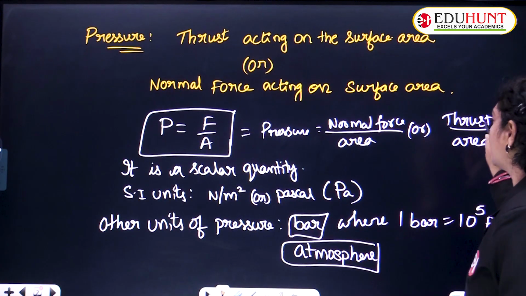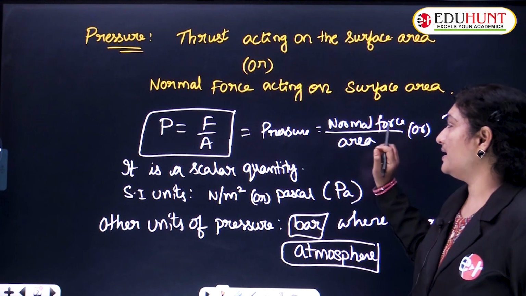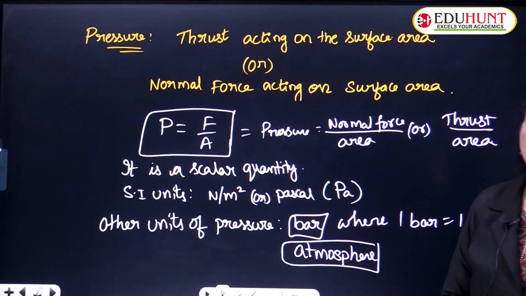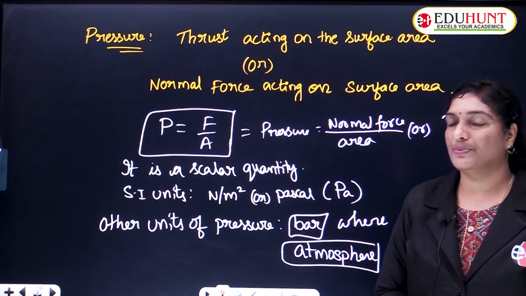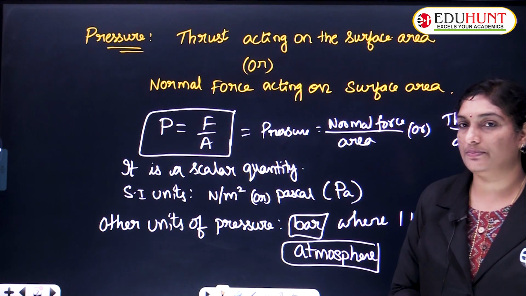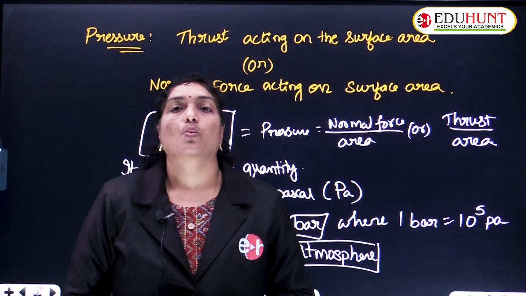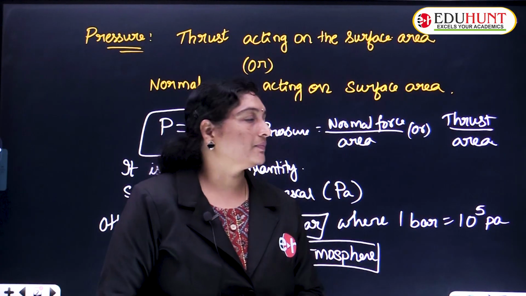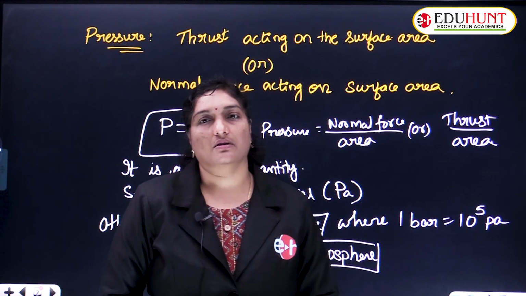When thrust and area are given, pressure equals thrust upon area. When force and area are given, pressure equals that force upon area. And remember, pressure is a scalar quantity, but thrust is a type of force and it is considered a vector quantity.